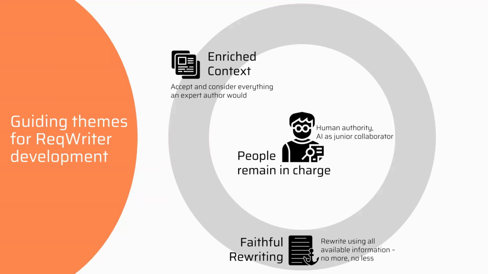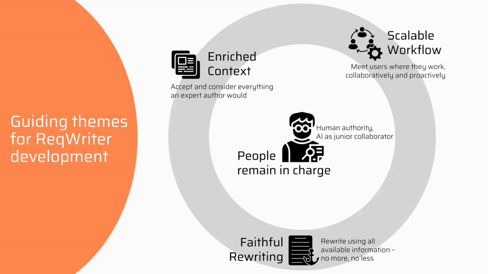But even with the right context, there's still another important question, which is how does this actually fit into the way teams work, day to day and at scale? And that's why our third theme focuses on scalable workflow, meeting users where they already work. Across all of this, people remain in charge.